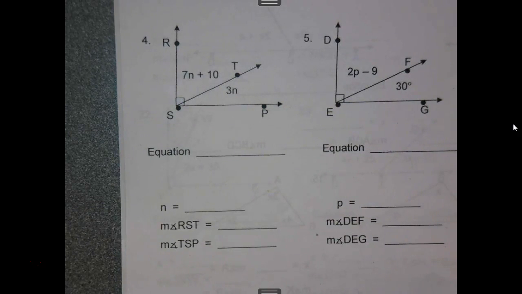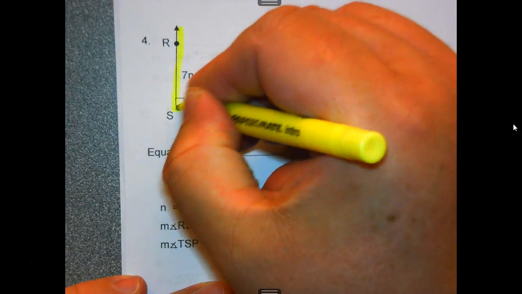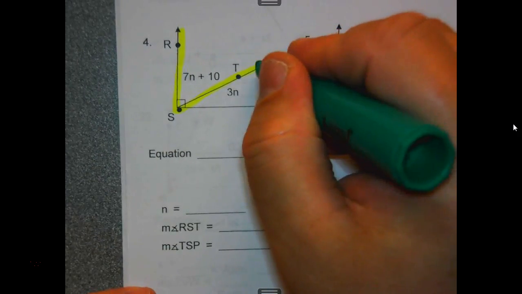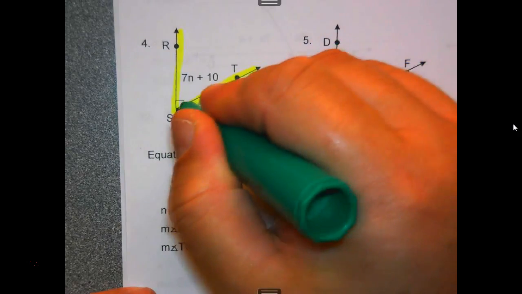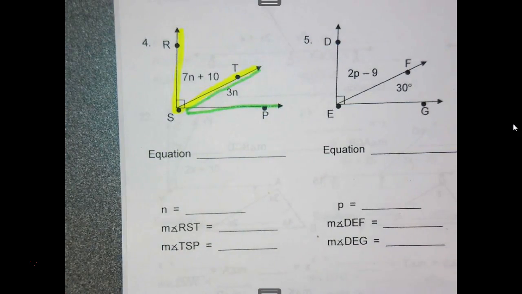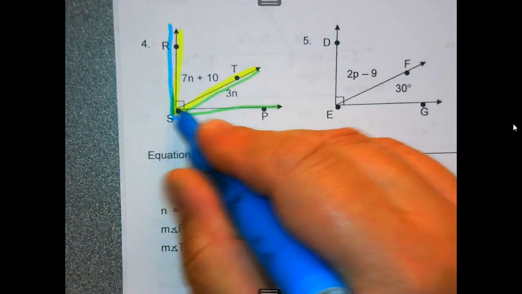Here's one angle, RST. Here's another angle, TSP. And the entire angle, the big angle, is 90 degrees, RSP.